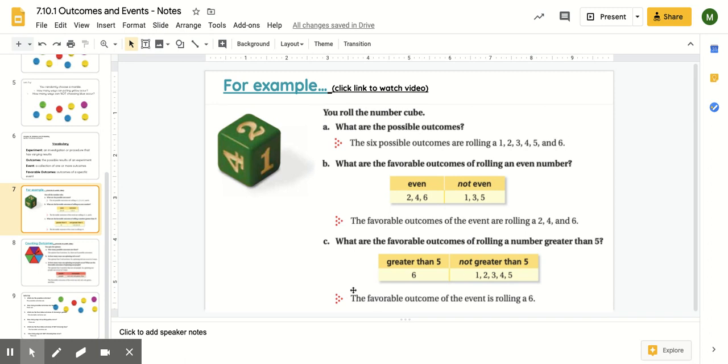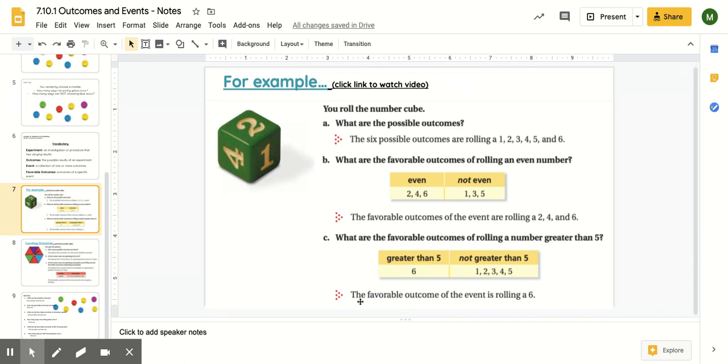And then it asks, what are the favorable outcomes of rolling a number greater than 5? So again, you can make your table, greater than 5. That's our favorable outcome. And then this not greater than 5 is not. So we go through our list again. 1, 2, 3, 4, and 5 are all not greater than 5. The only favorable outcome in this situation would be 6.